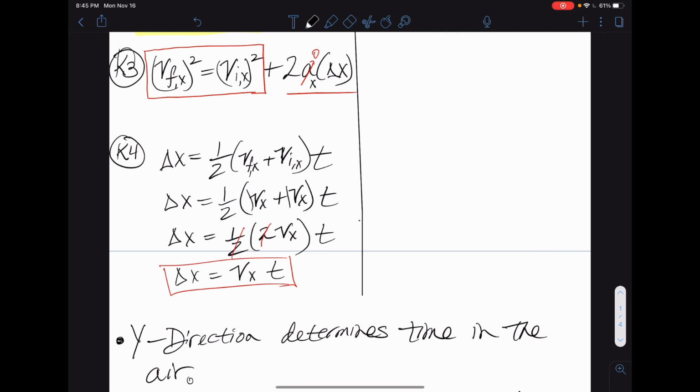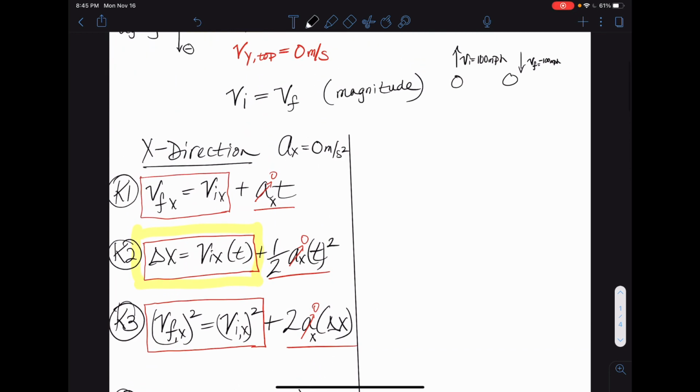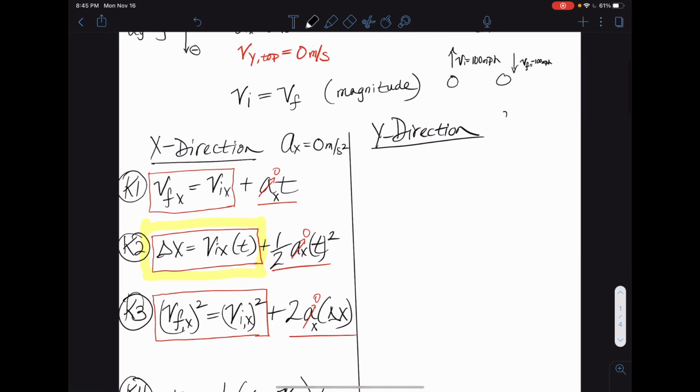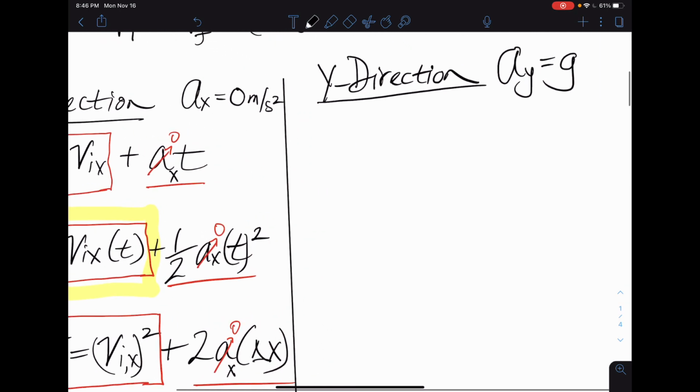I'm not really sure, but it's worth a try, right? Why not? Okay, so in the Y direction, here, AY is equal to G. And remember, it's only negative if you consider down to be negative. So that's important to realize.